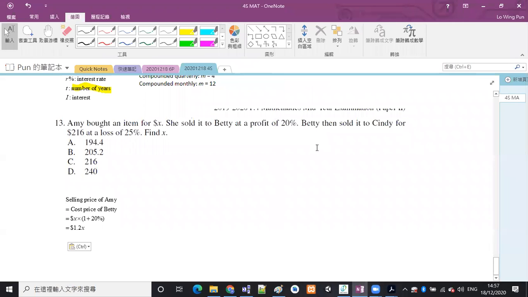Can you get this? Okay, and then for the second transaction, Betty sold it to Cindy for $216 at a loss of 25%.